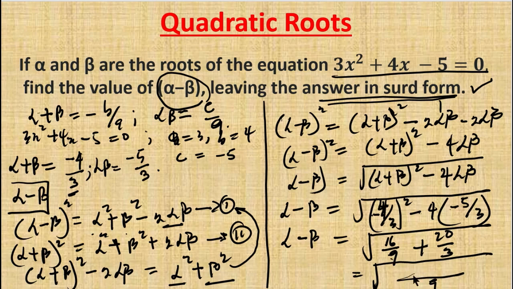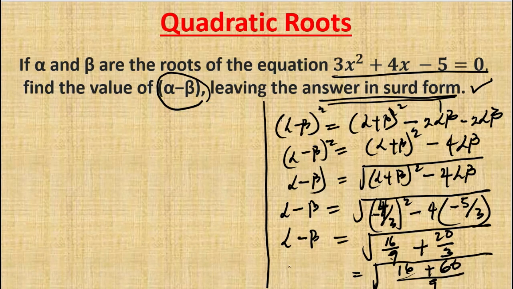Now 9 in 9, that's 1, this 16, plus 3 in 9, that's 3, times 20, that's 60. Let's create space. Now this is alpha minus beta. So that alpha minus beta again will be the same thing as the square root of 76 over 9.